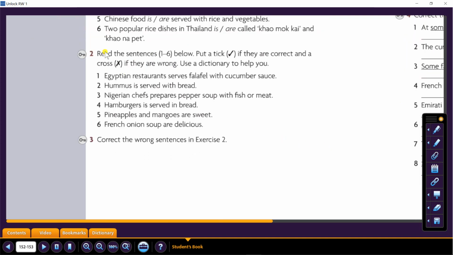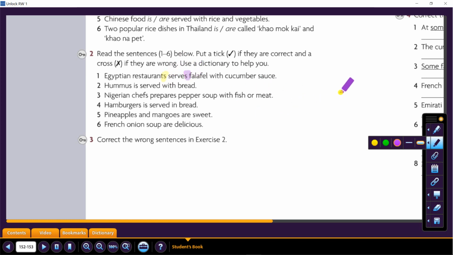Task number 2 says, read the sentences 1 to 6 below, put a tick if they are correct and a cross if they are not. Egyptian restaurants serves falafel with cucumber sauce. What do you think? Egyptian restaurants, here we have S, and this is the verb, and we have S also with the verb itself.